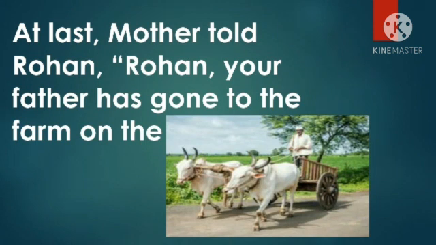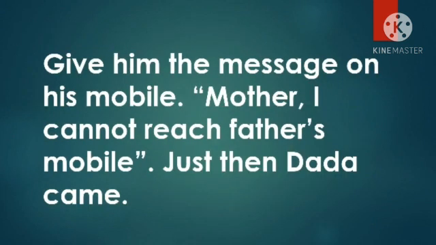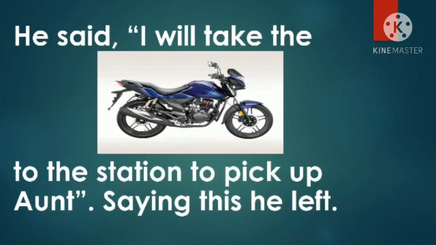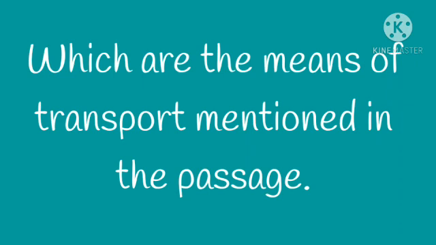At last, mother told Rohan, "Rohan, your father has gone to the farm on the bullock cart. Give him the message on his mobile." "Mother, I cannot reach father's mobile." Just then Dada came. He said, "I will take the motorcycle to the station to pick up aunt." Saying this, he left. Which are the means of transport mentioned in the passage?